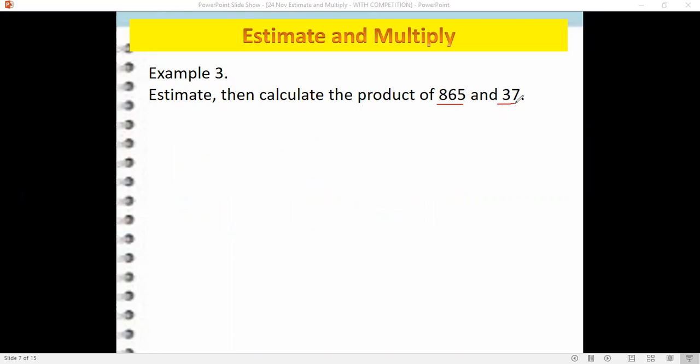How about if we have 865 times 37? If you can see, the other factor has 2 digits. What are we going to do? If you notice, we have 2 digits here and 3 digits here. Since this is 2 digits, you are going to round to the nearest 10.